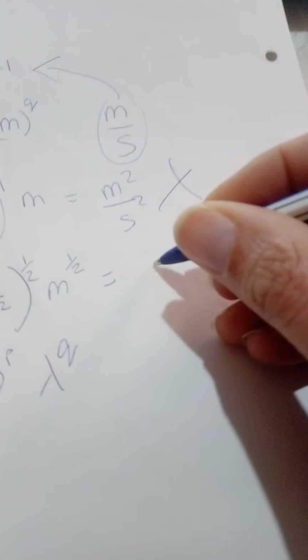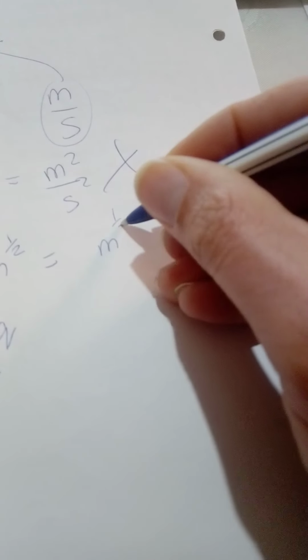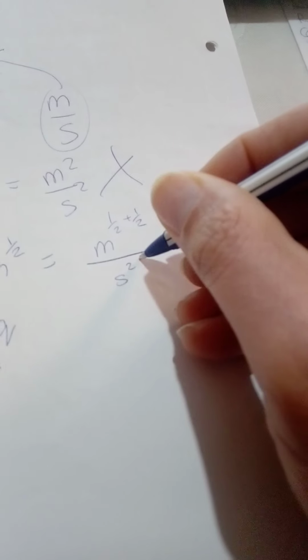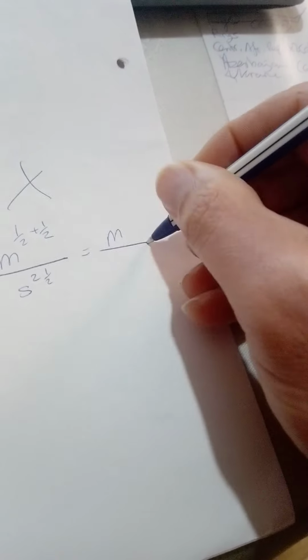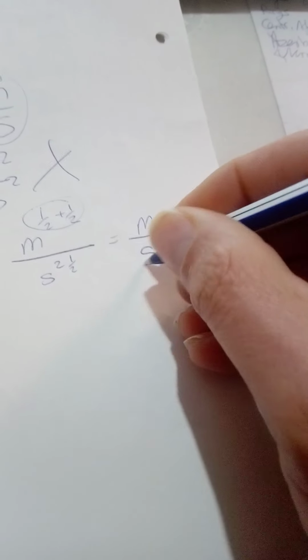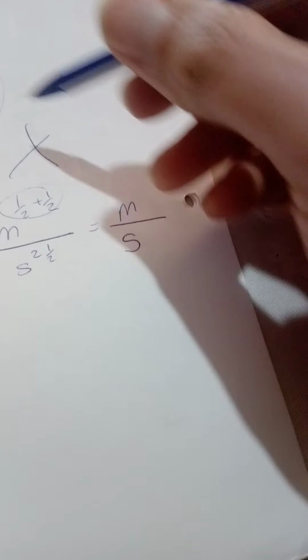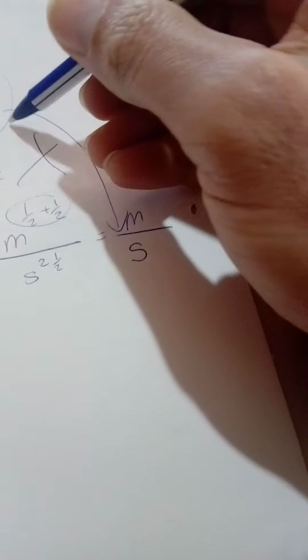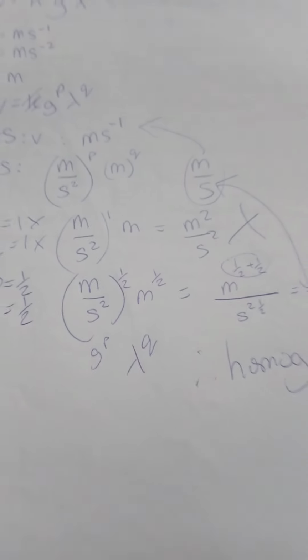Combining them together, I've got meter to the half plus half at the top, second squared to the 1/2 at the bottom. We get meters at the top because we add them up, and at the bottom, second squared to the power of 1/2 is seconds, and that is the same as what we had over here. So we can say that, therefore, the equation is homogeneous.